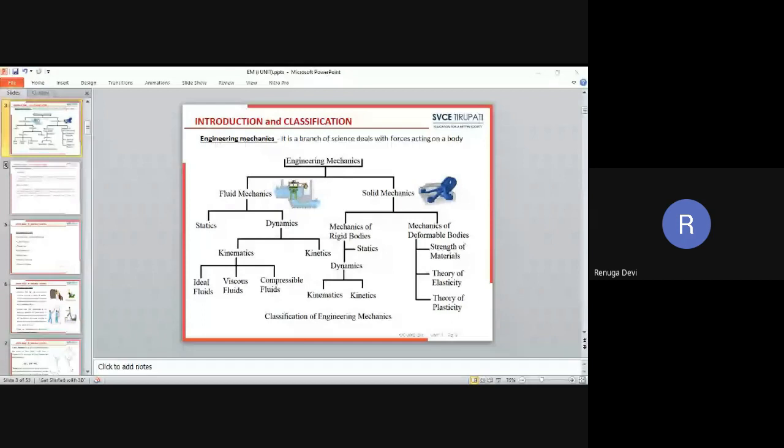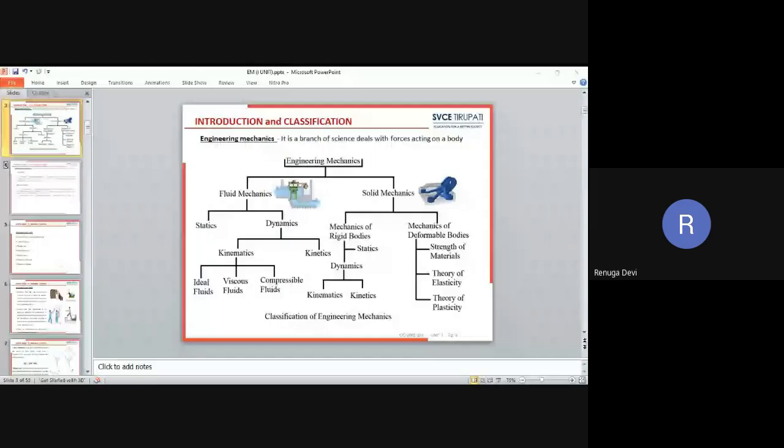When you apply force on a body, the acceleration and speed will also move in the same direction: F equal to ma. And the third is that for every action there is an equal and opposite reaction. These are the things you know very well.